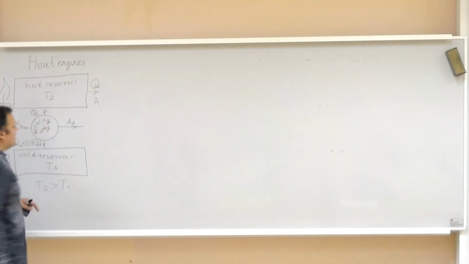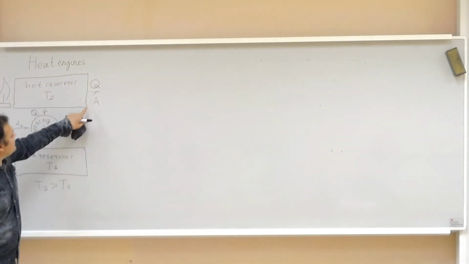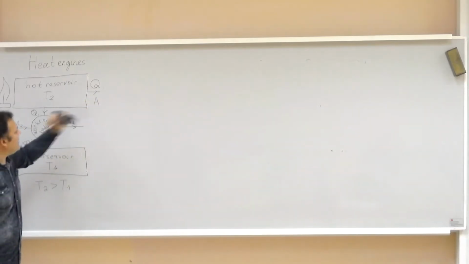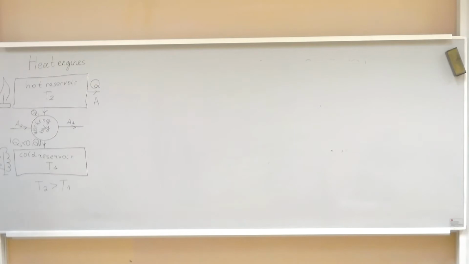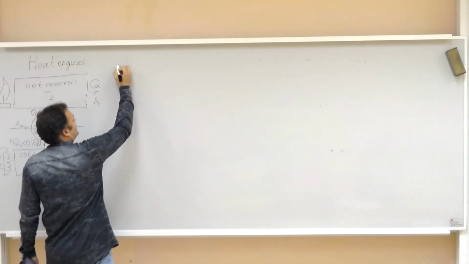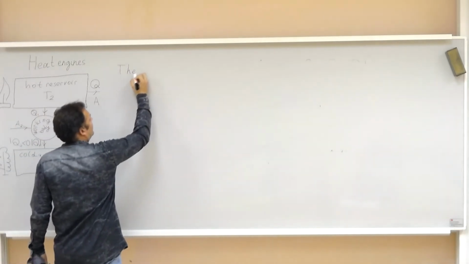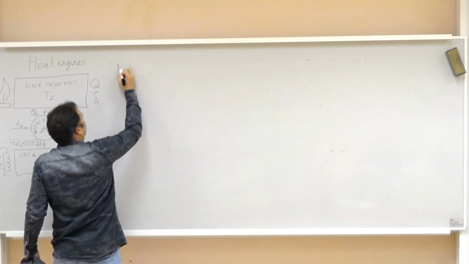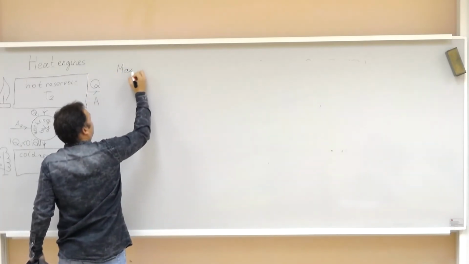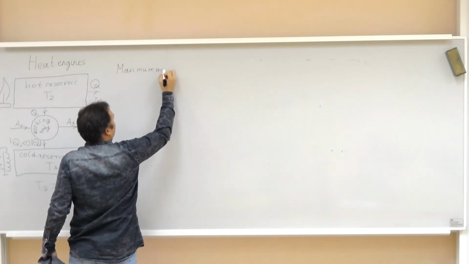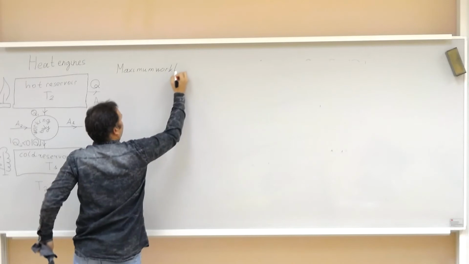But can we estimate the maximal work if we know the final state and the initial state? In fact, we can. And here we will prove the statement that is called the maximum work theorem.